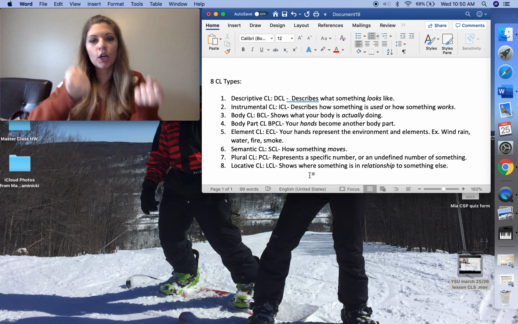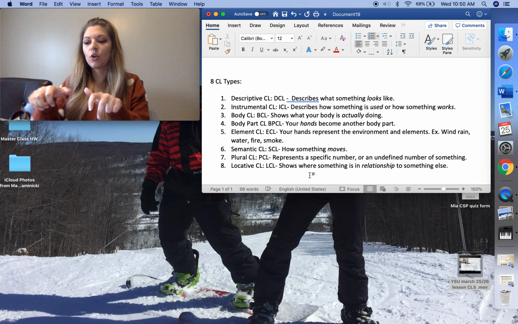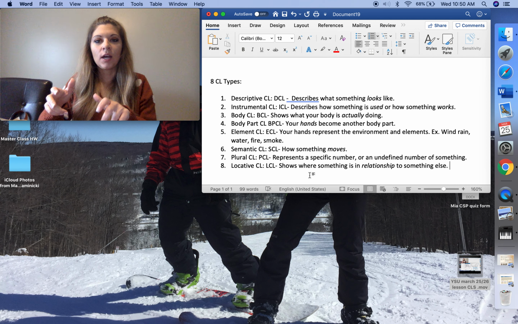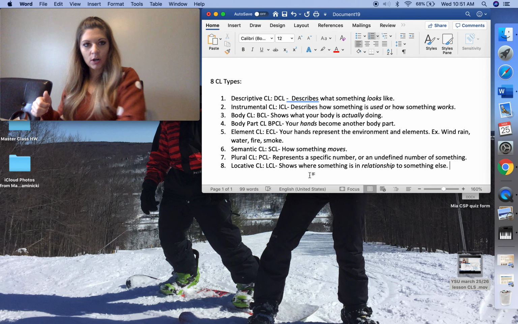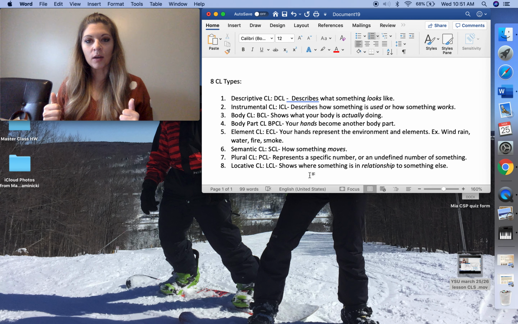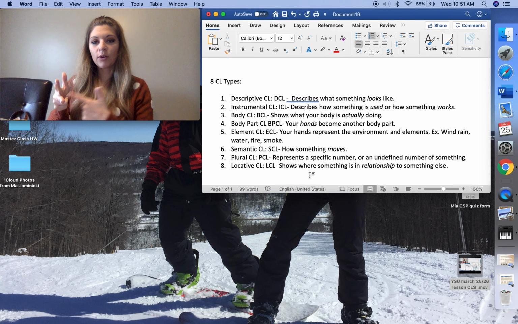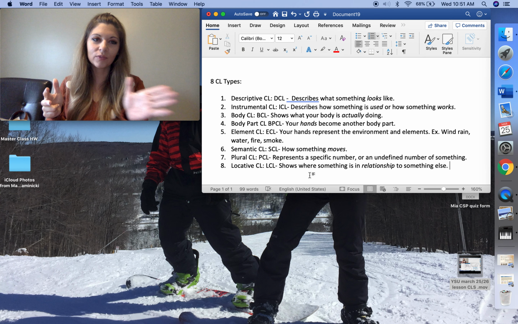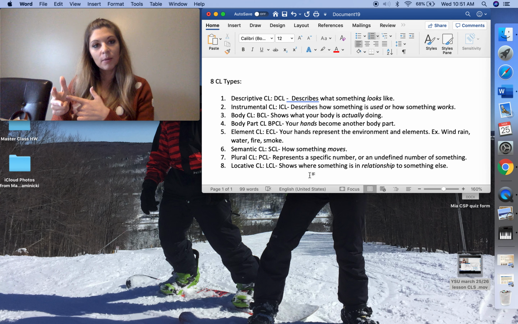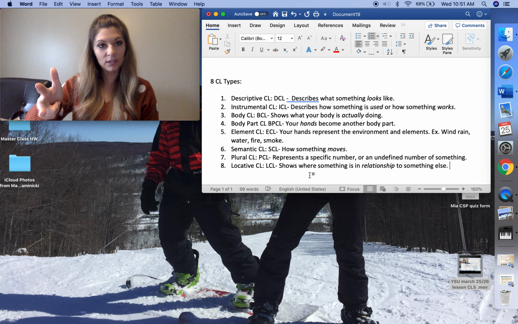So I'll do my car, and I get in the car, I can shift it, I can put my body in the car, buckle up how I would, and so now I have my car. We know I've used a body classifier. It's kind of linear in this aspect, but once my car starts moving, it's a semantic classifier, how it's moving, right?